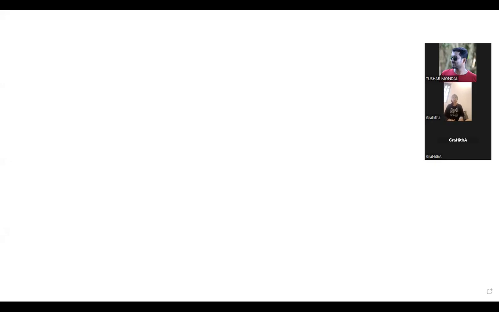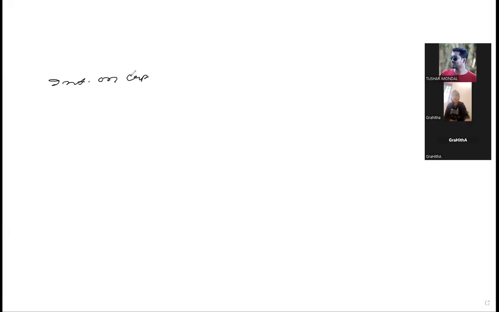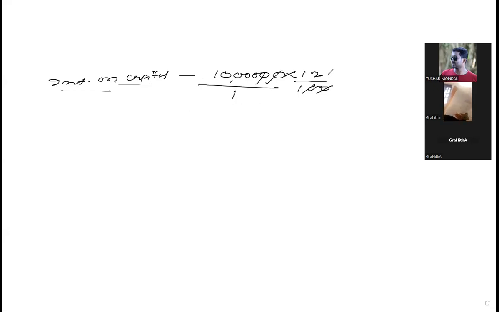Capital provided was 10 lakh rupees, and 12% of that is 12 by 100 into 10 lakh. Cutting the zeros, 12 into 10,000 gives 1 lakh 20,000. So one interest on capital is 1 lakh 20,000.